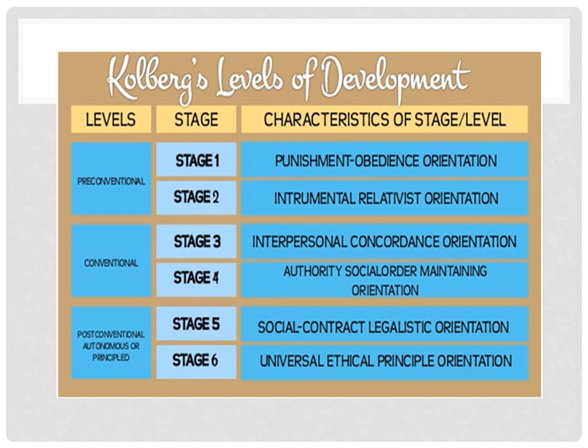In here we have stage three, which focuses on the interpersonal concordance orientation. They have this term because if it's interpersonal, it requires other people. They have terms like good boy or good girl.